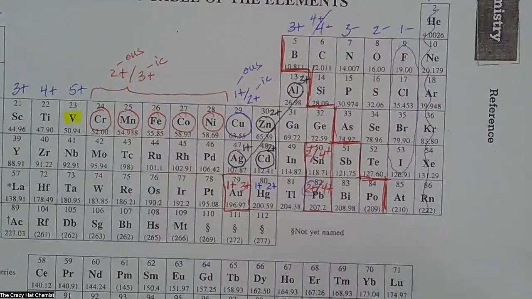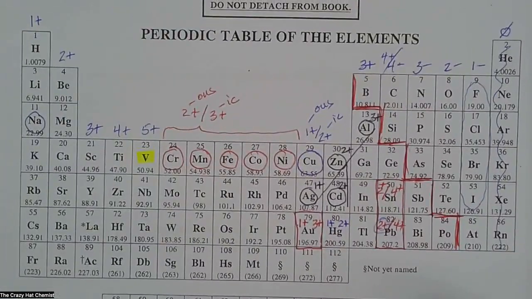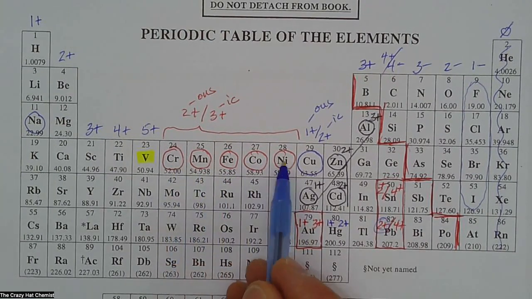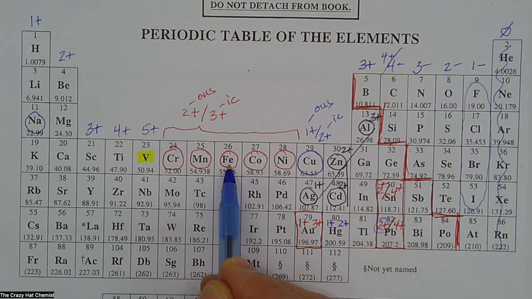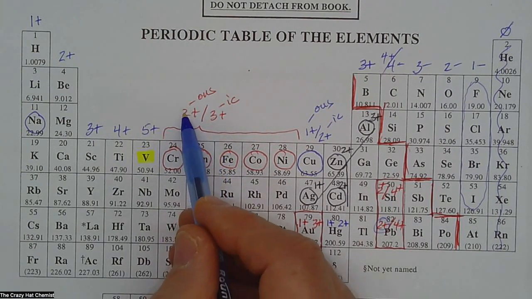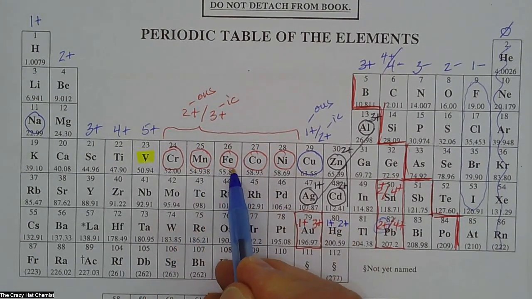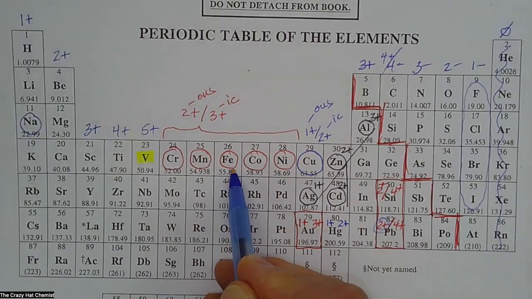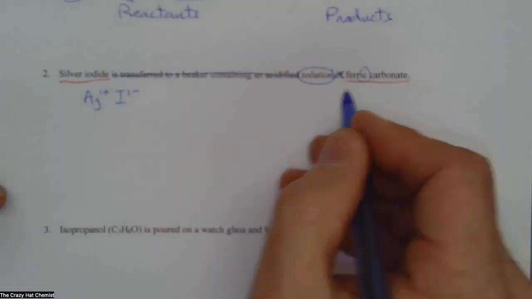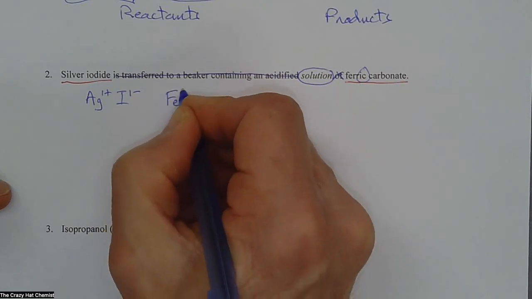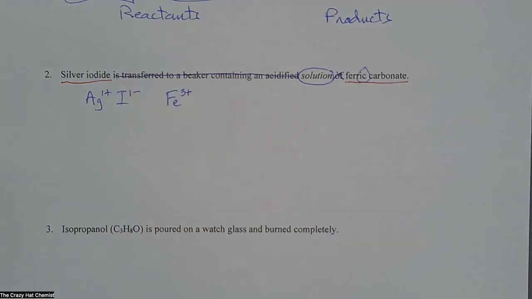Ferric is one of these 5. There it is. That's iron, which is ferric. We have either ferrous or ferric, and ferric is the 3+ charge, otherwise known as iron Roman numeral 3. So I use the common naming, so that would be Fe3+ for the common naming ferric.